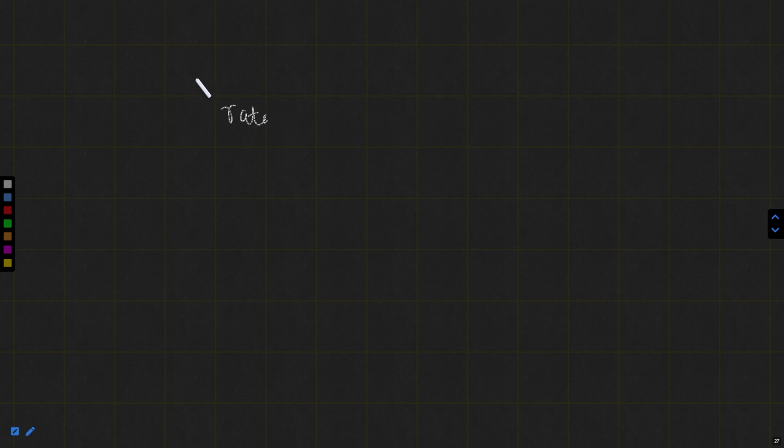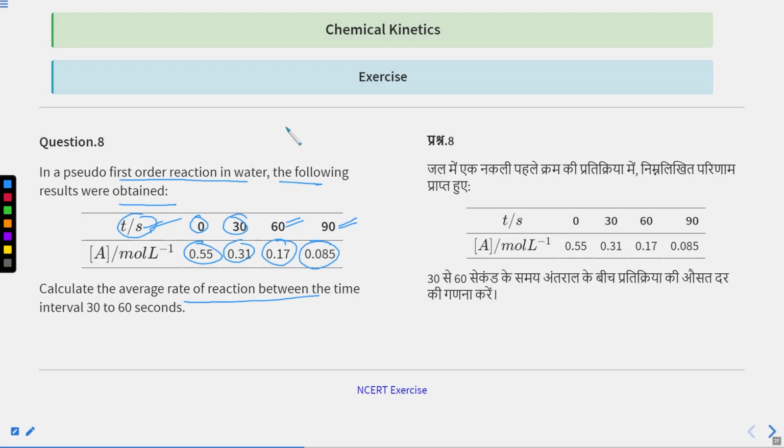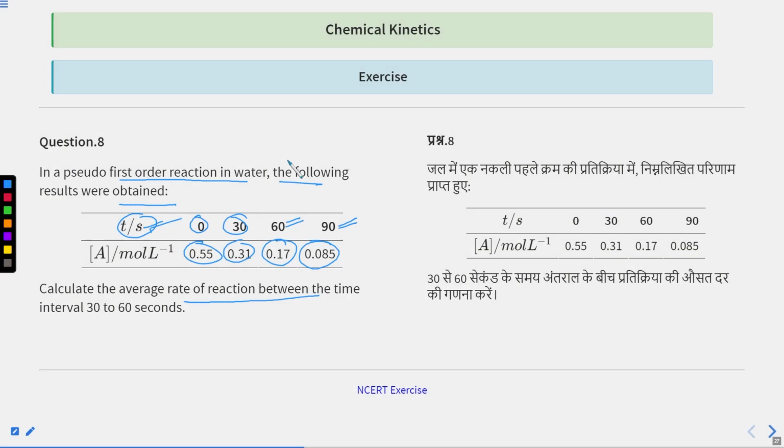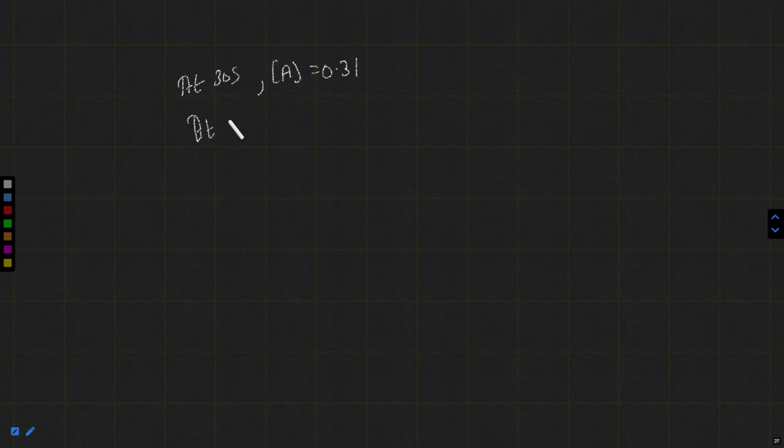At 30 seconds the concentration is 0.31, and at 60 seconds it is 0.17.